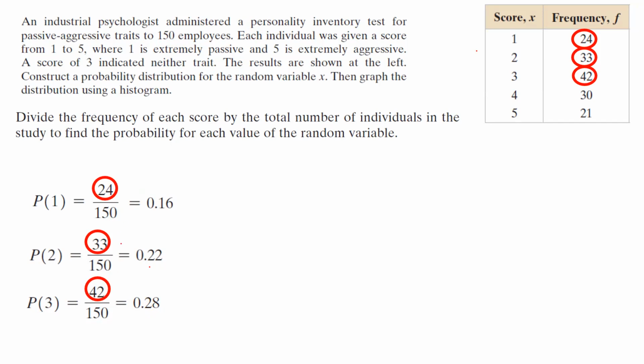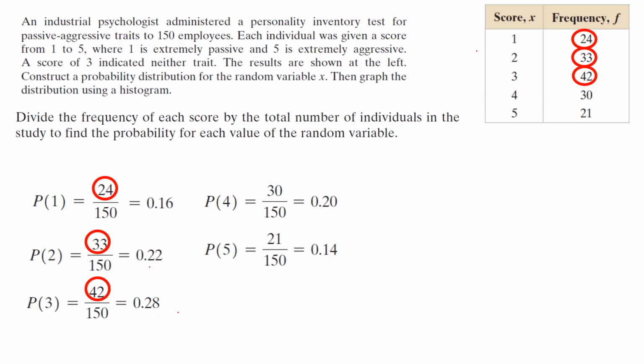The denominators are all the same, but the numerators are increasing, so we expect to see a higher percentage. If I take a random employee and want to know the probability of 3, that is going to be 28%. Next probability is for score 4, which is 30 divided by 150 or 20%.